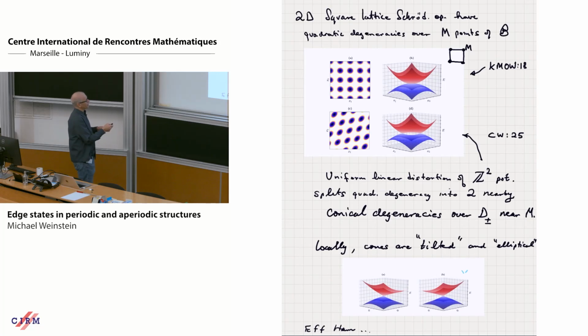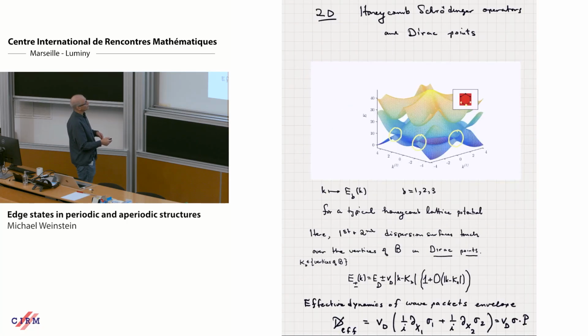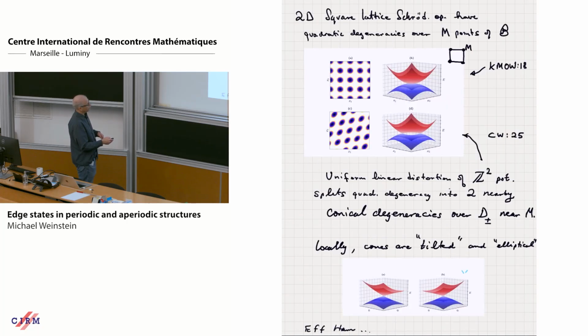Further, if I make a linear distortion, like in a previous slide, basically V composed with T inverse, where T inverse is a constant matrix, not orthogonal, then this quadratic touching will split into 2 Dirac points, which might be a bit surprising.